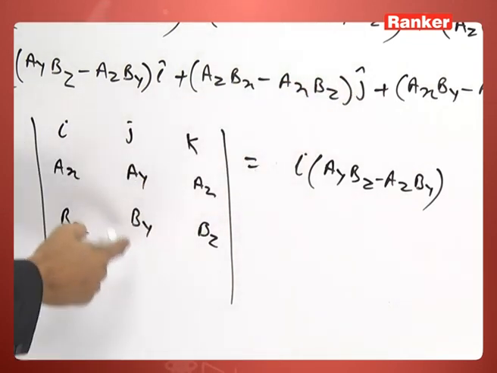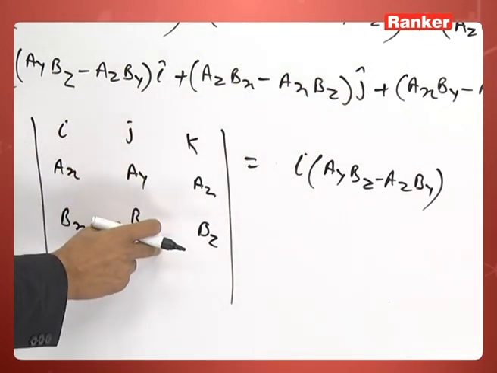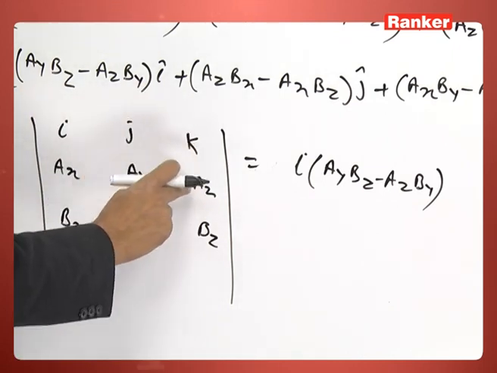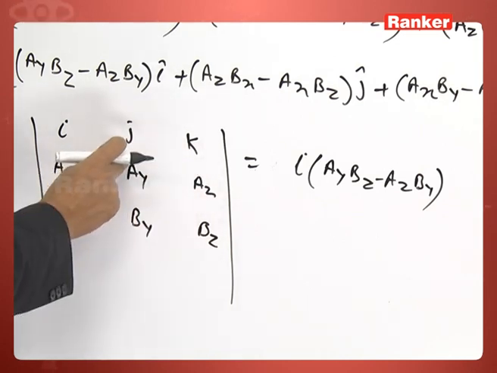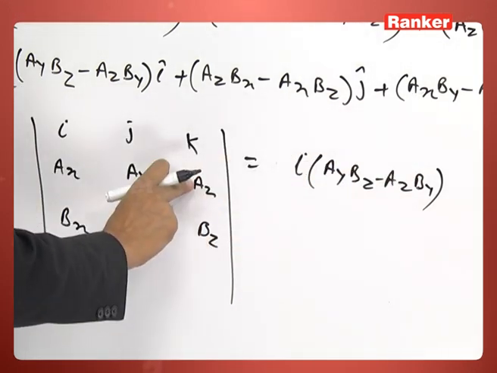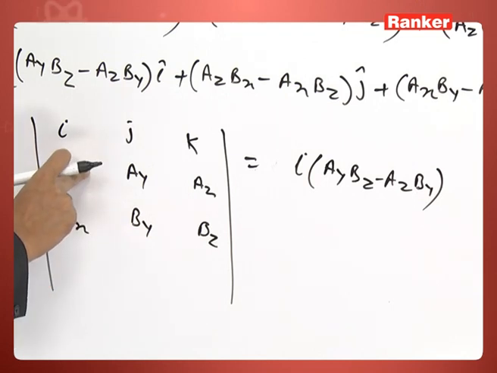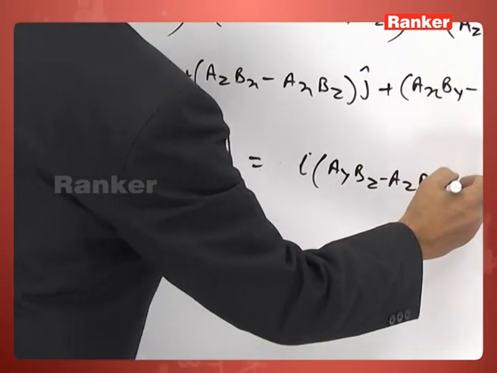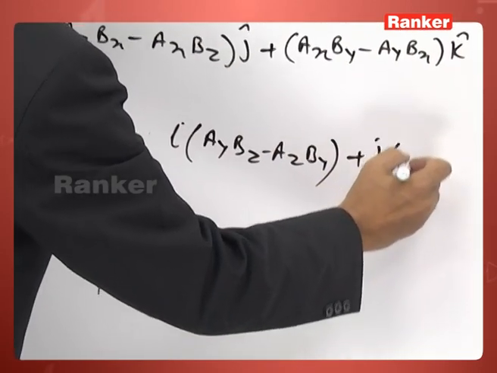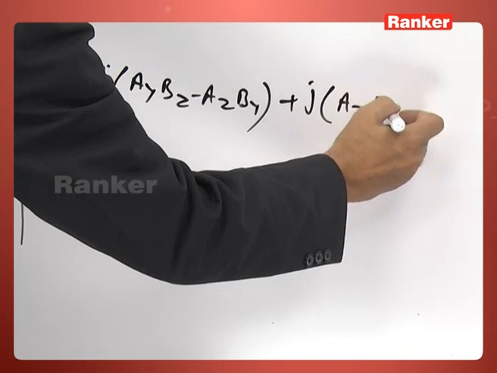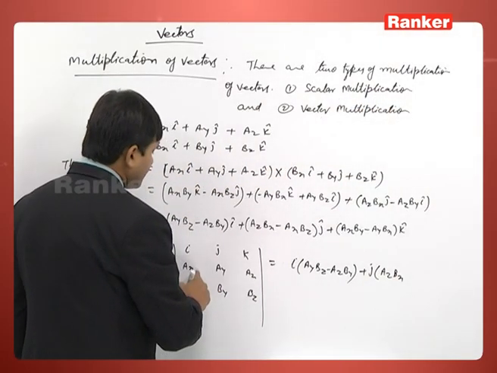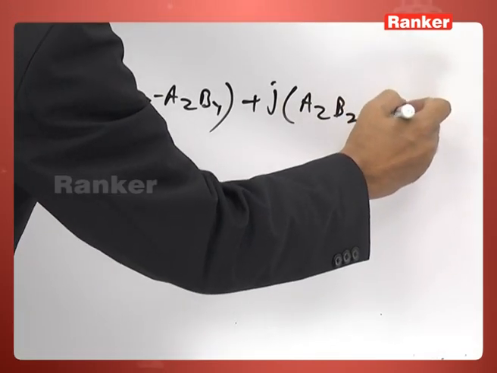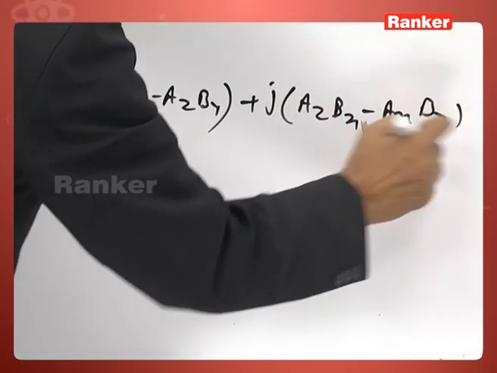Now come to the next one, j. For j, leave this column and this row. Whatever is left, since we are going in the same sequence, is az bx minus ax bz, so plus j (az bx minus ax bz).